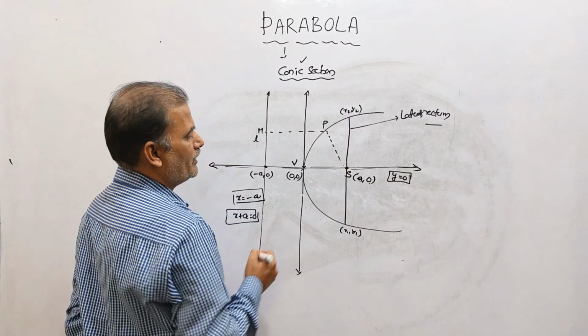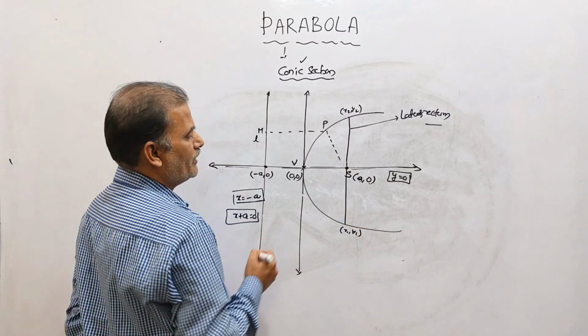And this is the line segment that passes through the focus, perpendicular to the axis of the parabola, to the endpoints of the parabola. It is called a latus rectum. The endpoints of latus rectum are a comma 2a and a comma minus 2a.